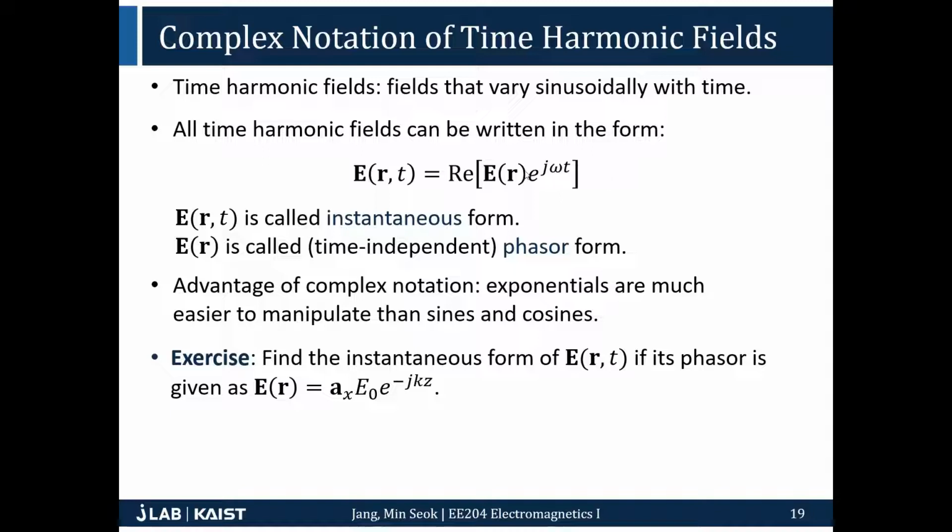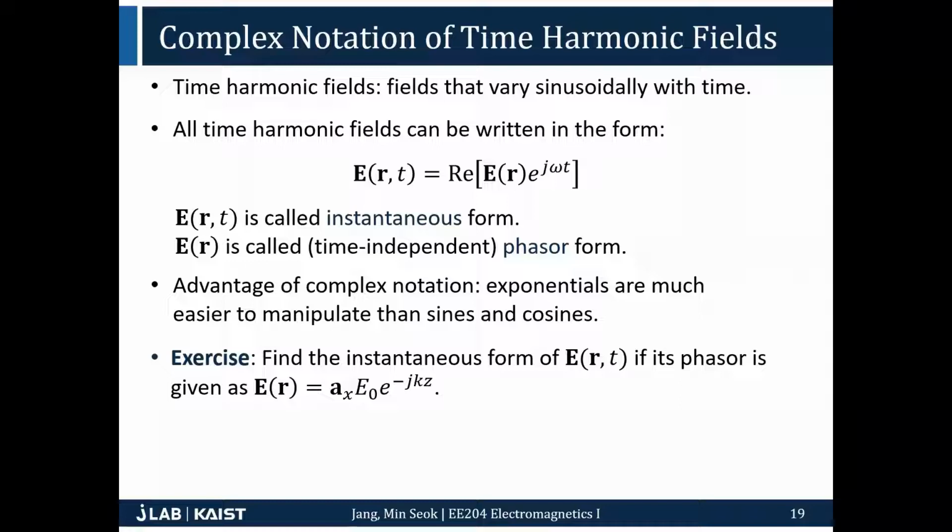So E of r,t is just the physically measured electric field. But E of r, what's inside here, can be a complex number, right? And of course e to the j omega t is also complex. So complex multiplied by complex results in another complex, and then you take the real part of it, and you get the real field.